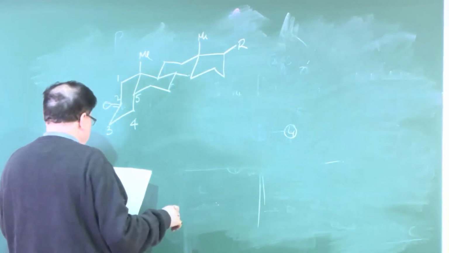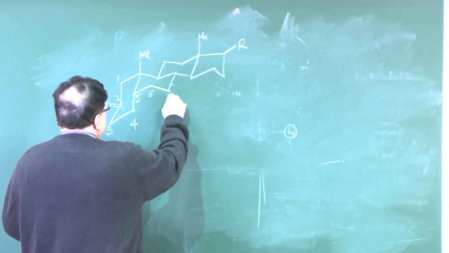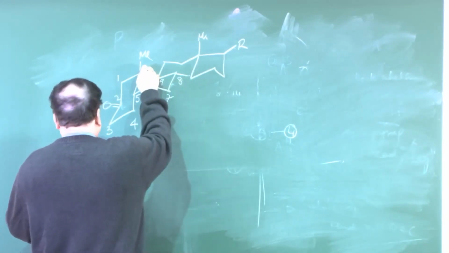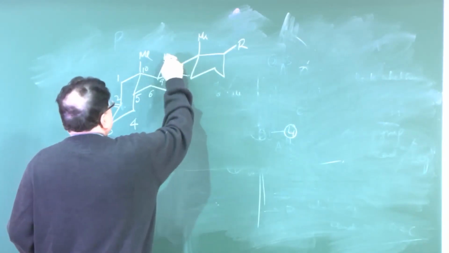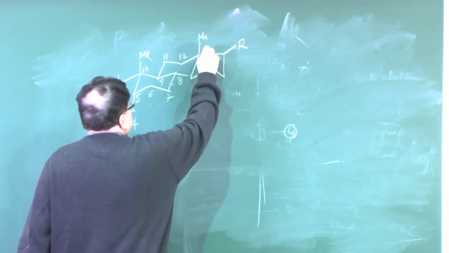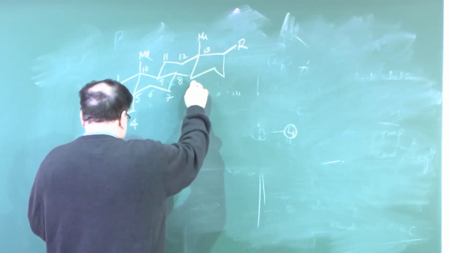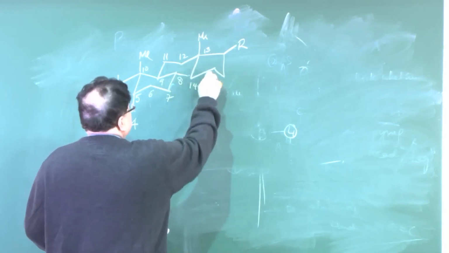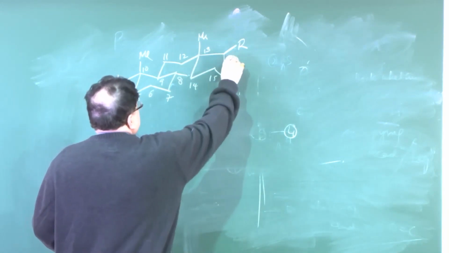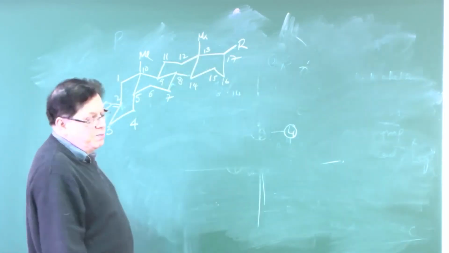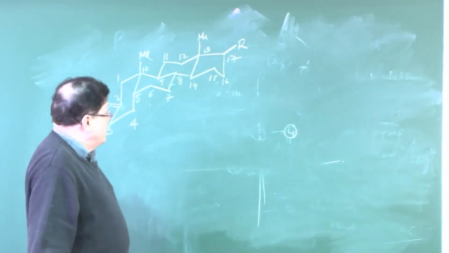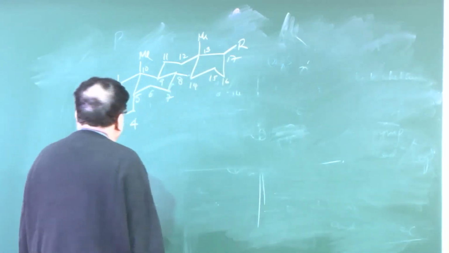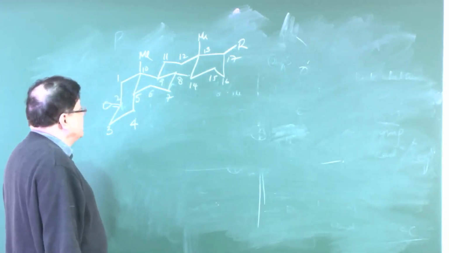So, that is 5, then you have 6, 7, 8, 9, 10, 11, 12, 13, then you have the 14, 15, 16, 17. So, that is the kind of numbering we adopt. Okay. Now, if you want to draw the projection formula, okay, it is a little tricky now.